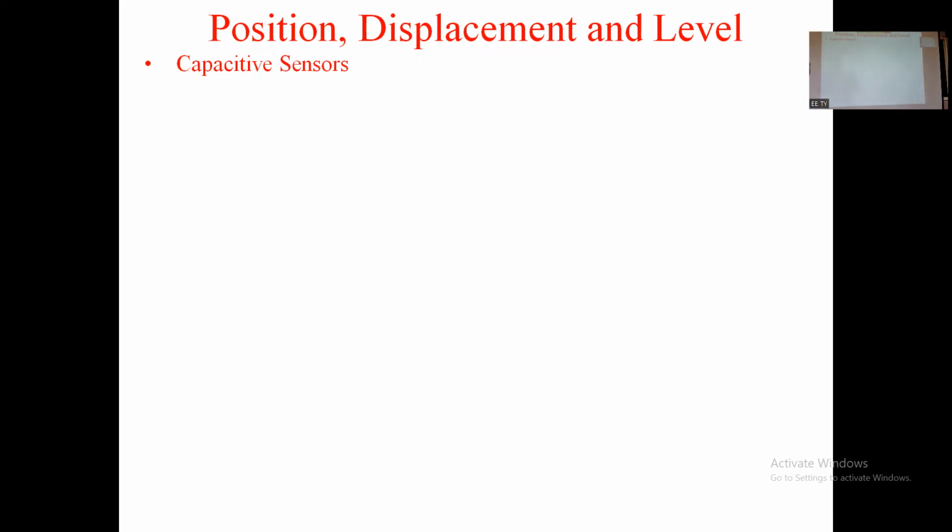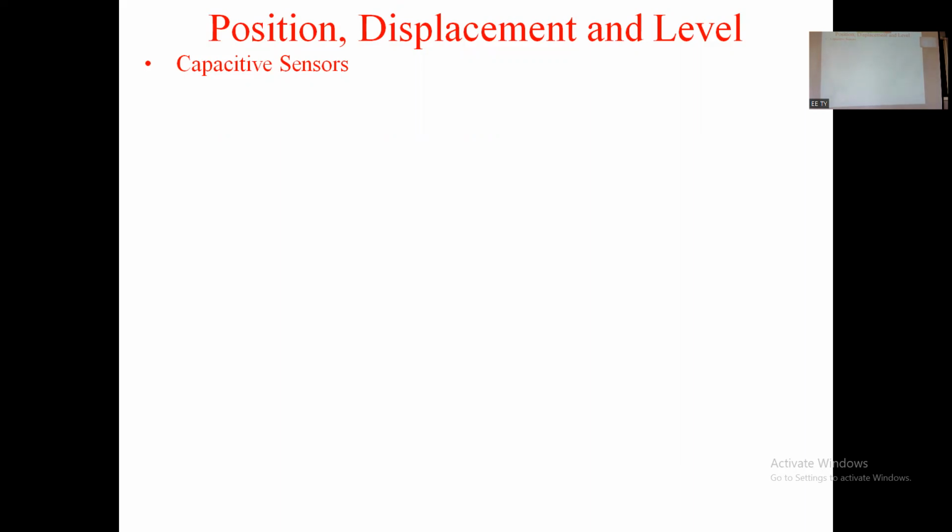So this is the position and displacement sensor, and we have discussed some types: the piezoresistive type and the potentiometric type of position and displacement sensor. These two types of sensor we have already discussed.